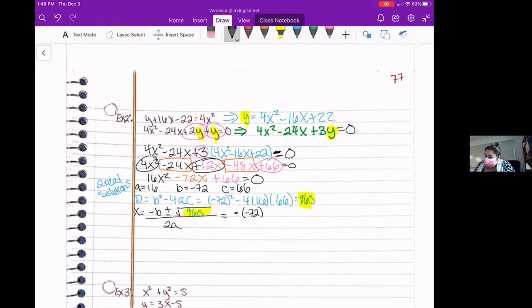Negative 72 plus or minus the square root of 960 over 2 times A, and A is 16, so 2 times 16 is 32. So X is going to equal positive 72 plus the square root of 960 divided by 32, and X equals 72 minus the square root of 960 divided by 32.